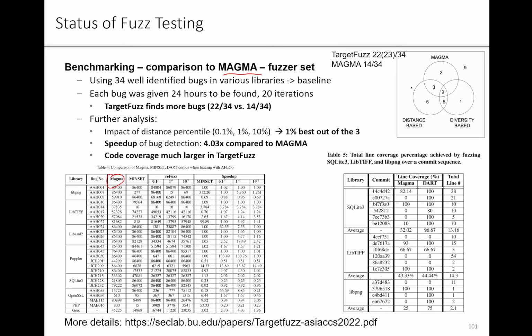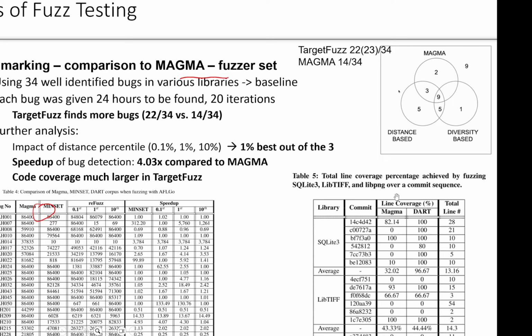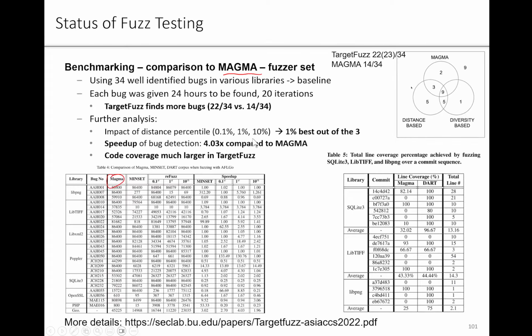And what came out is that with our approach, this distance-based one, we found 23 out of 34 vulnerabilities, in contrast to the benchmarking reference, which only found 14. So the outcome was we had much more time focusing on the right code in contrast to the benchmarking set, and we found more vulnerabilities.